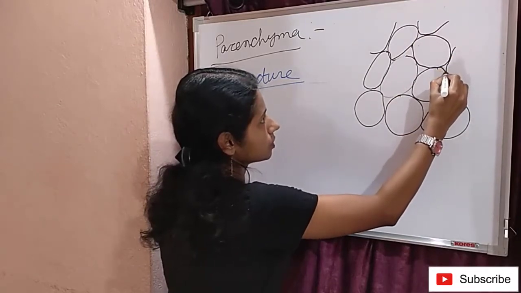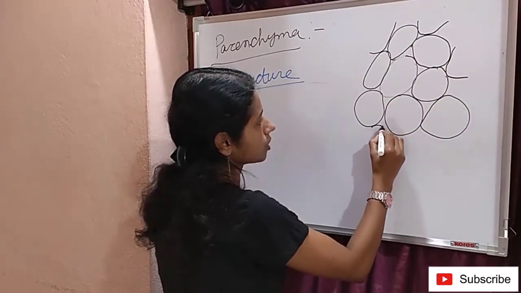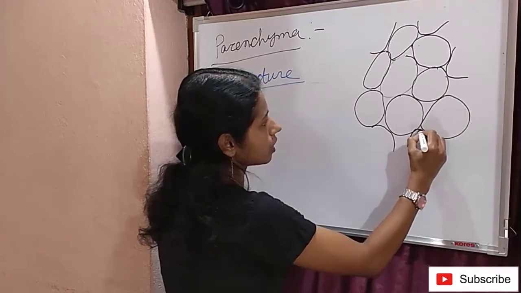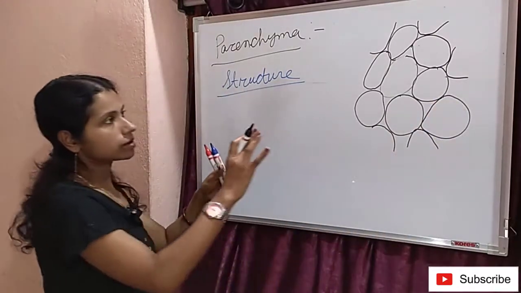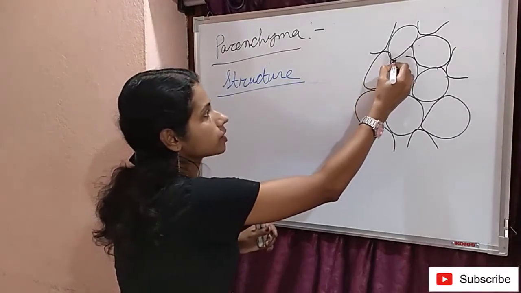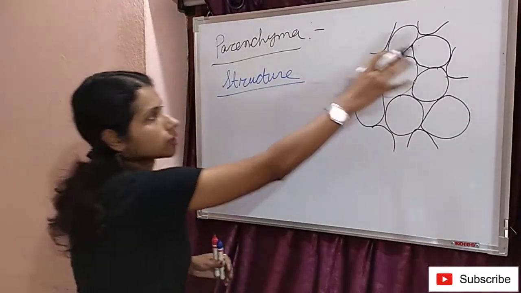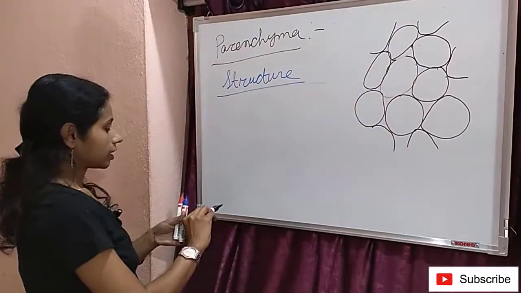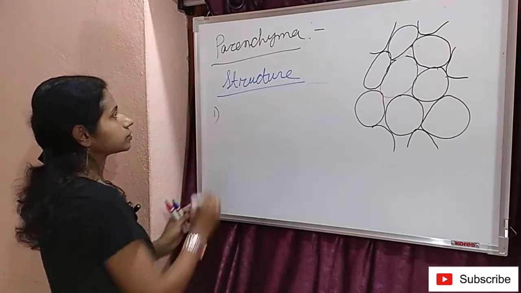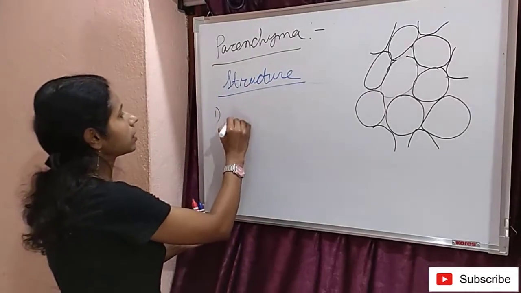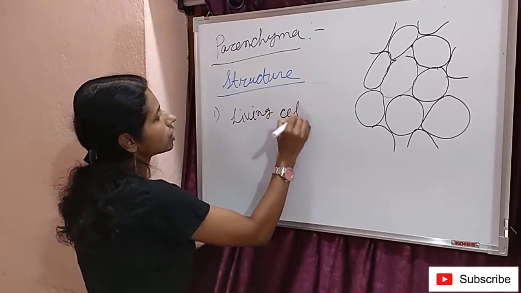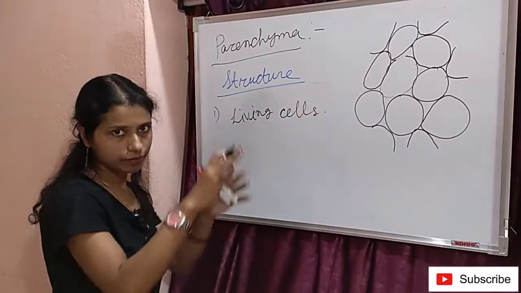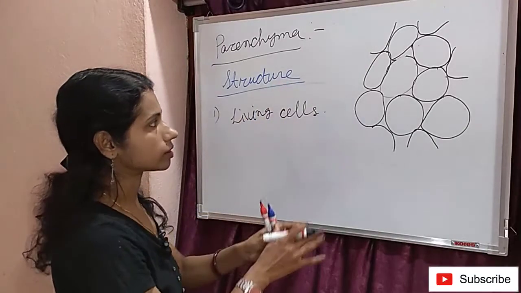So this is the structure of a parenchyma tissue. You can see the cells and differentiate them. Now, what happened here? Maximum cells are living cells. The cells present here are all living cells.